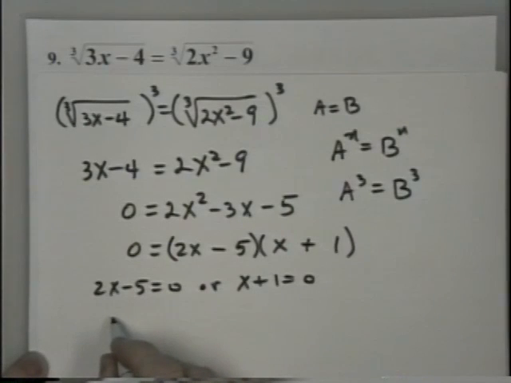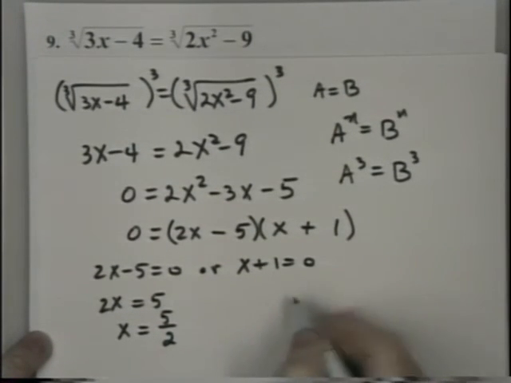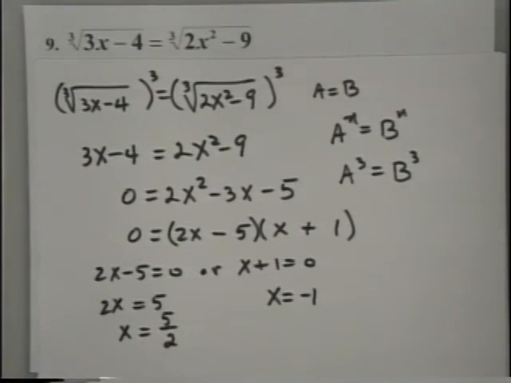Solve for x. 2x is equal to 5, x is equal to 5 halves. Over here, x is equal to negative 1.